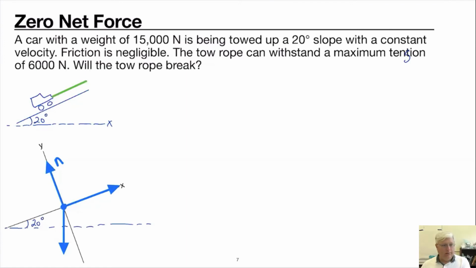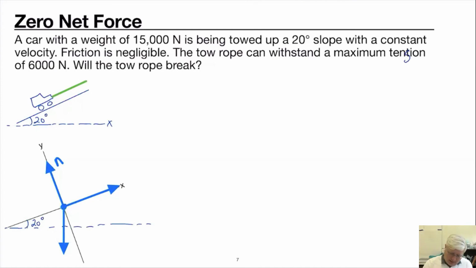And so what else do we have? Well, there's going to be some components here. Tension is perfectly along the x-axis, and the normal force is perfectly along the y-axis, but gravity always points straight downward, and since we tilted the axes, it's now partially in our defined positive x and y directions.